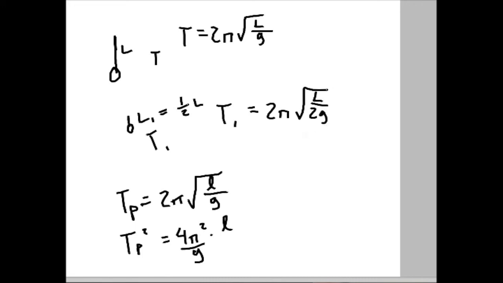Well, again, just like with gravity, you want to get this equation to look like this equation. And it's so close. It's 2 pi square root of L over g, and here I've got this annoying 1 over 2 term in here.